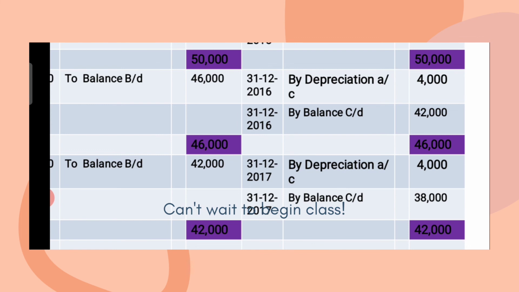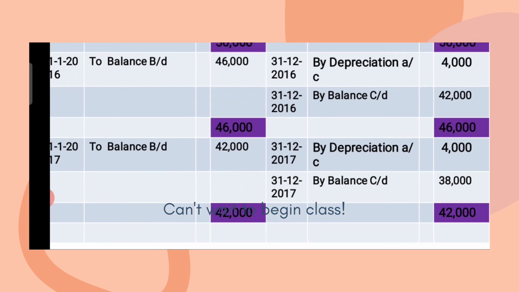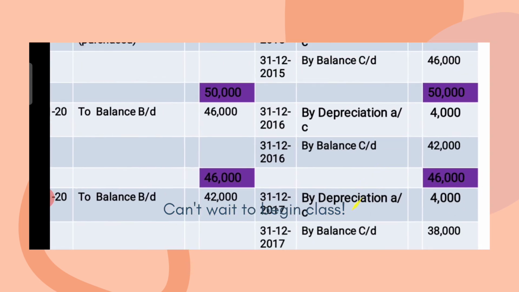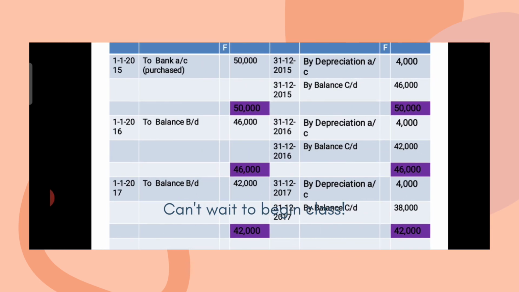Again we find the closing balance: from 42,000 if we deduct 4,000, we get 38,000, which is the closing balance of the asset on 31st December 2017. Again this balance we show in the next year as the opening balance.